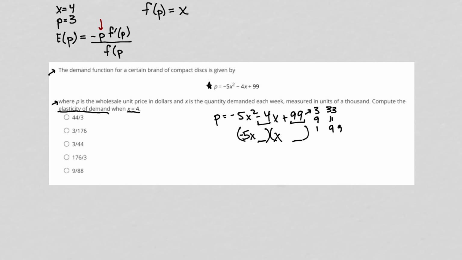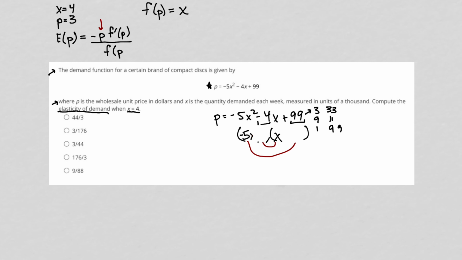So if I started to place some of those numbers in my parentheses here, I don't think any of them are going to work out, but let's try it. If I put a 33 here and a 3, there's no way that's going to get me a 4, so that's not going to work.